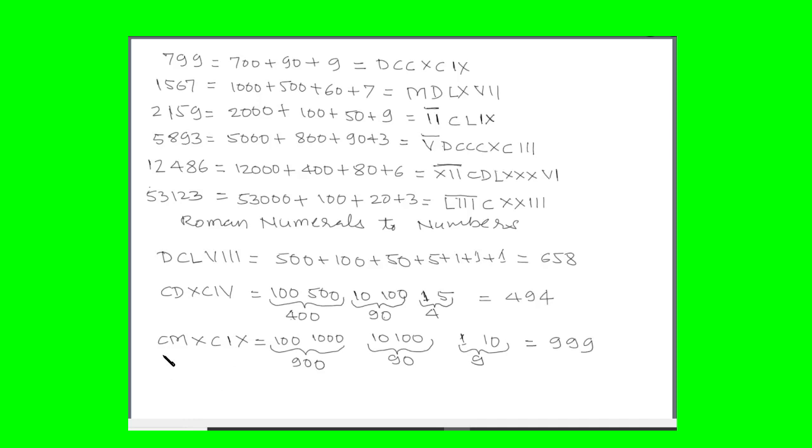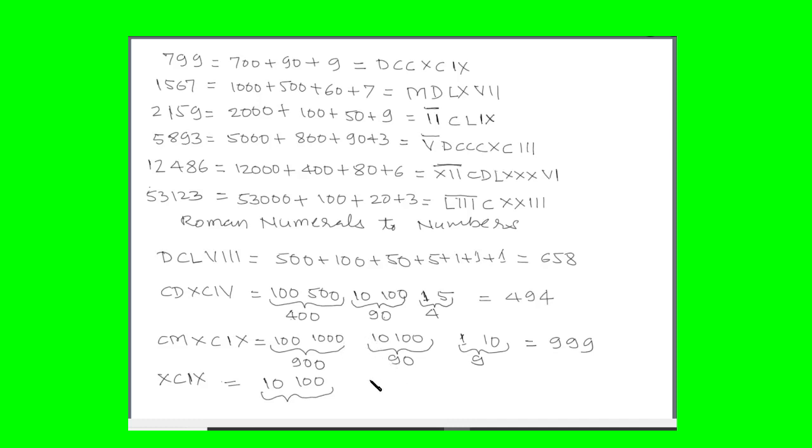We go to one more question. XCIX. X is 10, C is 100. Again, 10 is smaller than 100. So 10 is to be subtracted from 100.